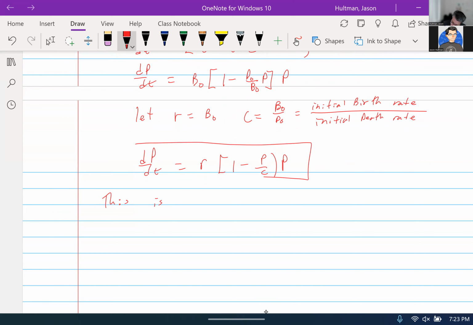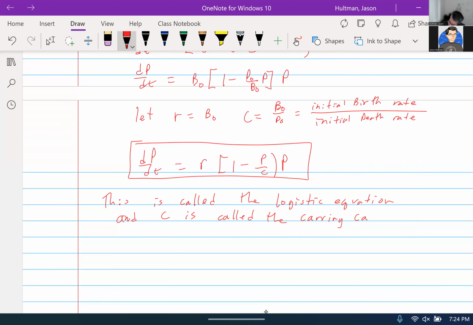Okay, this is called the logistic equation. And C is called the carrying capacity of the population. That's why it's C. It's the max that the population can hit before starting to decay. At that point, your death rate is exceeding your birth rate.